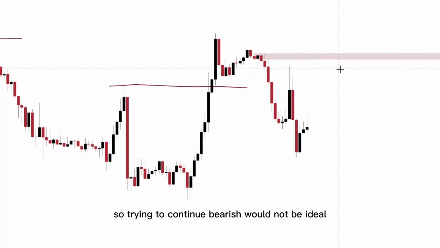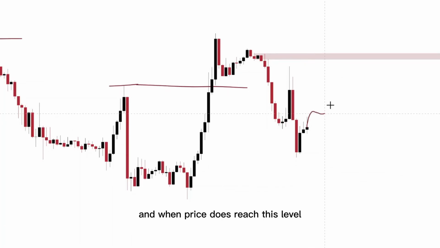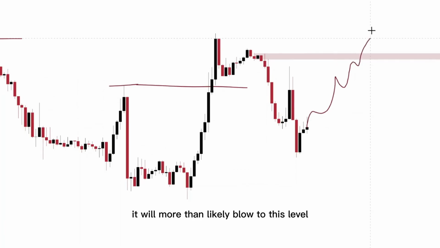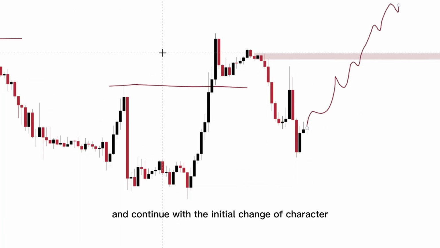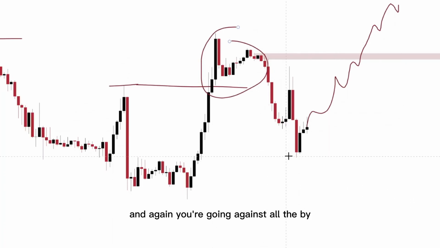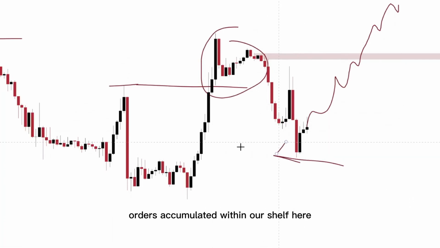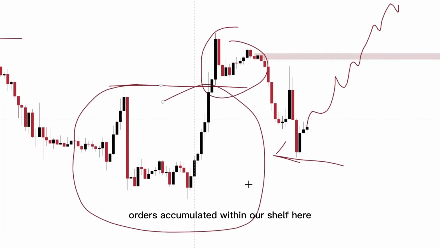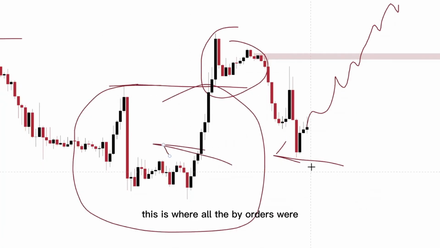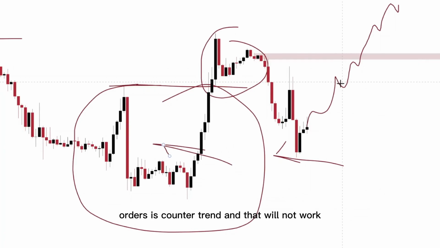So trying to continue bearish would not be ideal. And when price does reach this level, it will more than likely blow through to this level and continue with the initial change of character. And again, you're going against all the buy orders accumulated within our shelf here. This is where all the buy orders were. So you trying to sell into that many buy orders is counter trend, and that will not work.